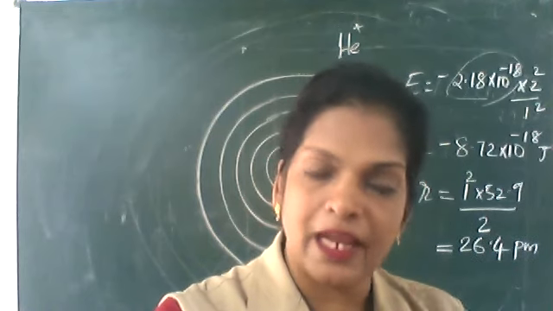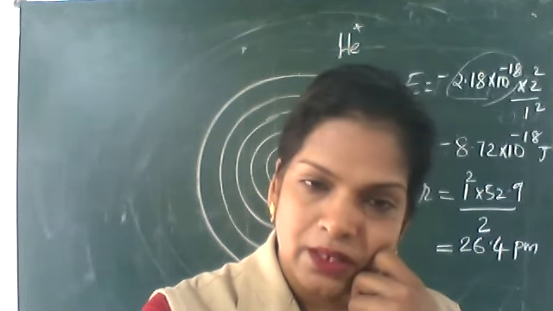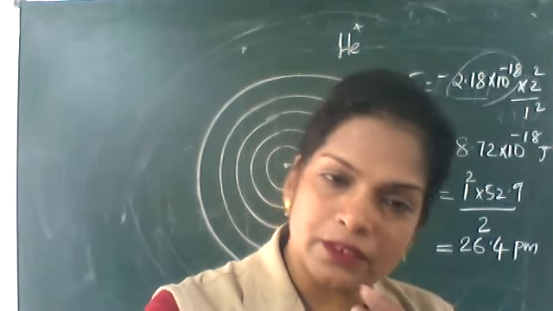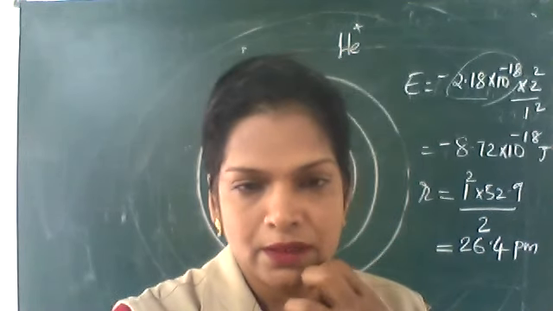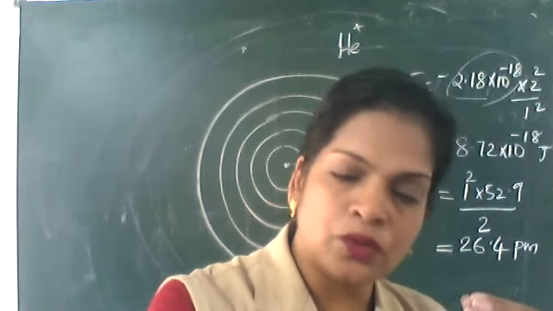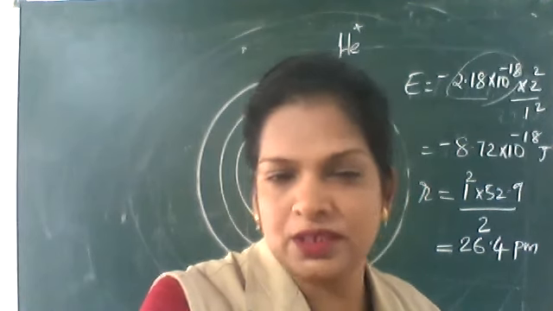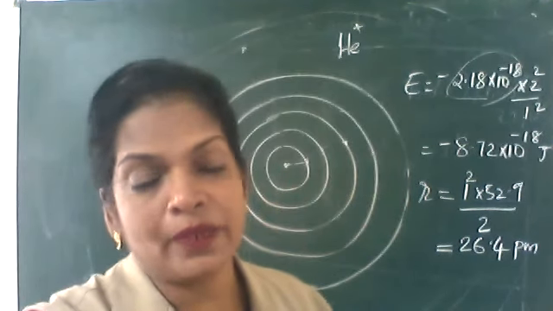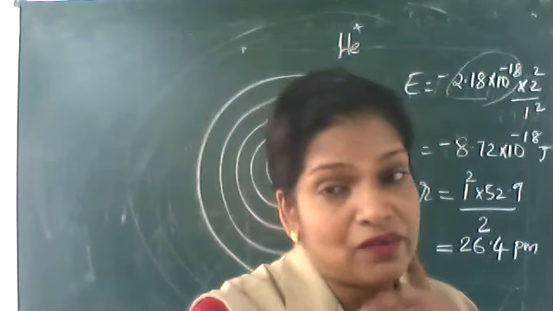First orbit of Li2 plus is more closer towards the nucleus than He plus. First orbit of Be3 plus is more closer towards the nucleus as compared to Li2 plus. So in the case of Be3 plus, the electron is the closest. All these species are having one electron.